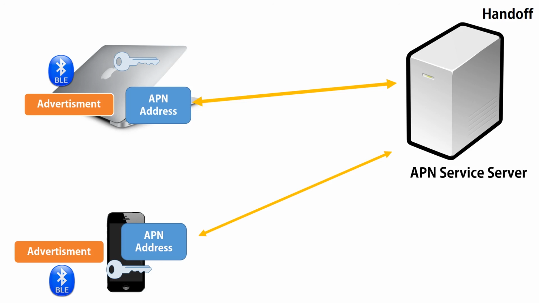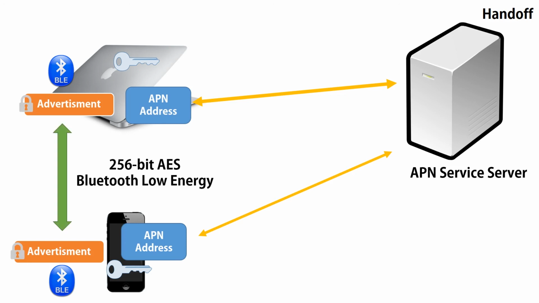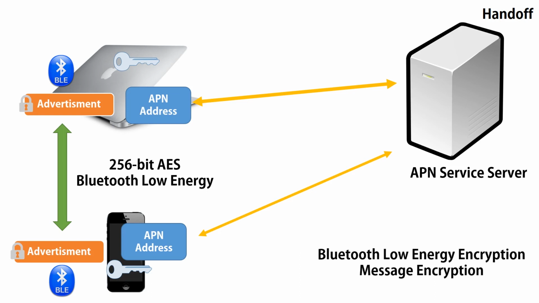And by advertisement, I mean the MacBook says, "Hey, I'm here," and the tablet or the phone says, "Hey, I'm here." And of course, the advertisement itself is encrypted, and it uses 256-bit AES on Bluetooth Low Energy, and Bluetooth Low Energy is also encrypted, and any message sent between the devices has its own encryption similar to iMessage.